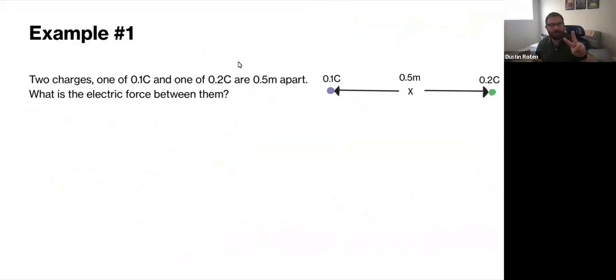Okay, so we have two charges. One is of 0.1 C. Now notice that's a small number, right? 1 coulomb is huge, so we're going to be dealing with some pretty small numbers. So we have one charged object of 0.1 C and one 0.2 C, okay?